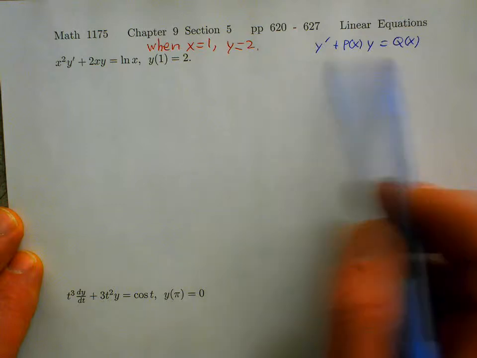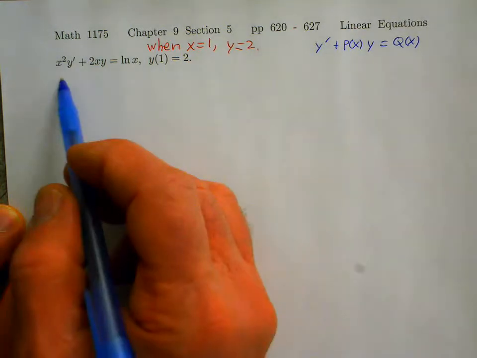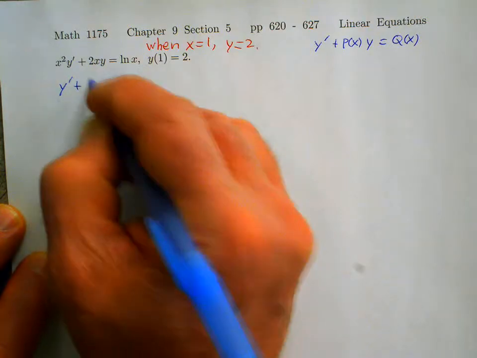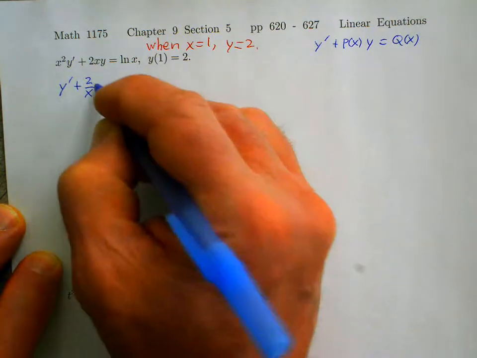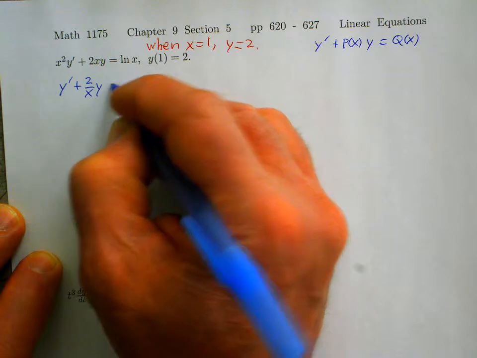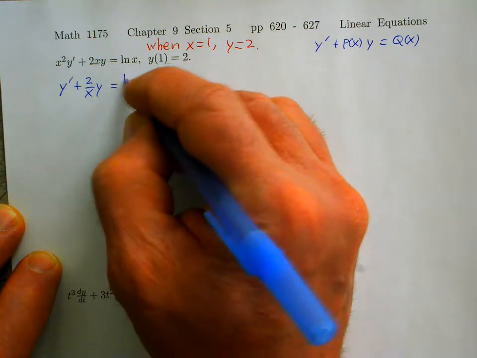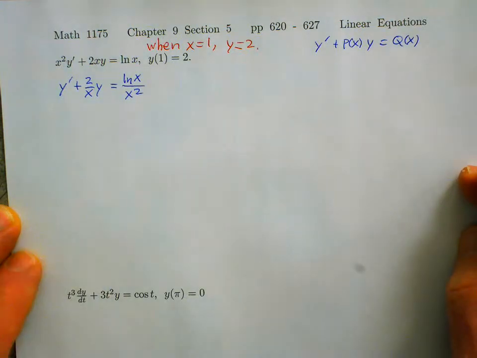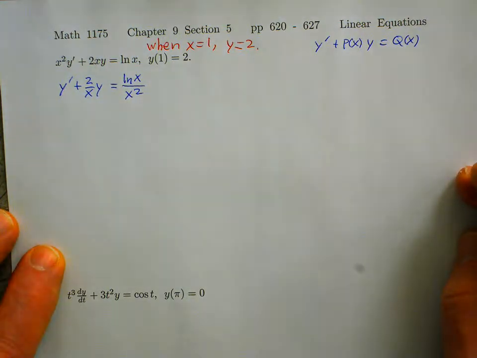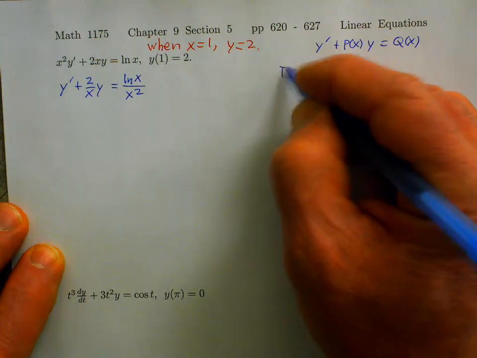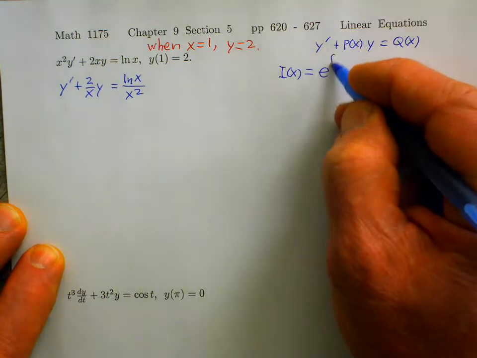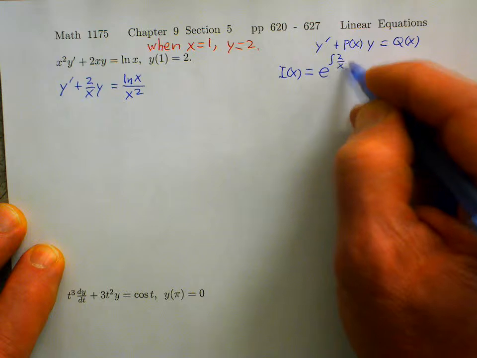So in general, we want this form. So if we divide both sides by x squared, we get y prime plus 2/x y equals the natural log of x divided by x squared. So our p of x is 2/x. So our integrating factor, capital I of x, is e to the integral of 2/x dx.